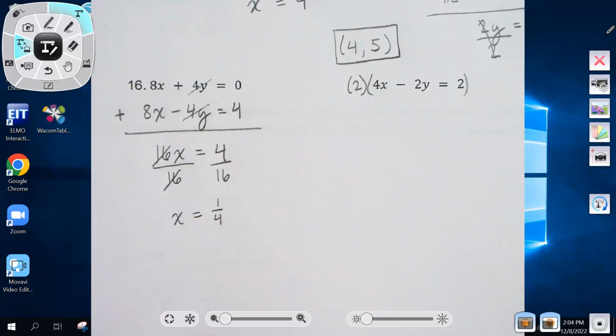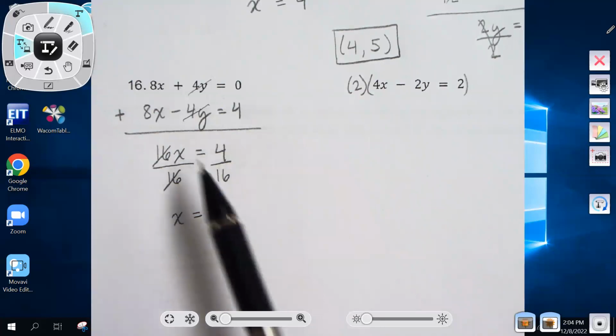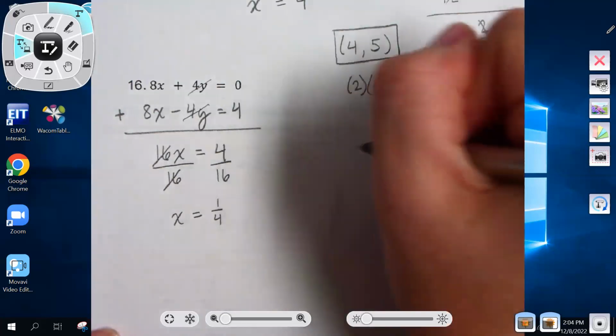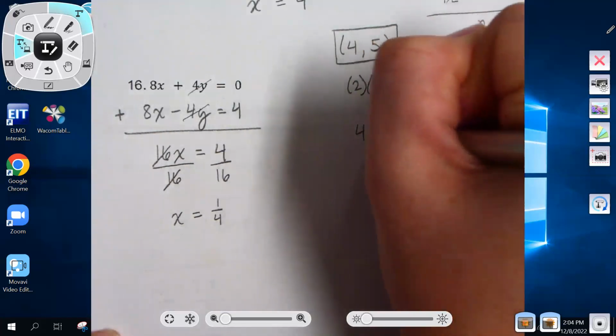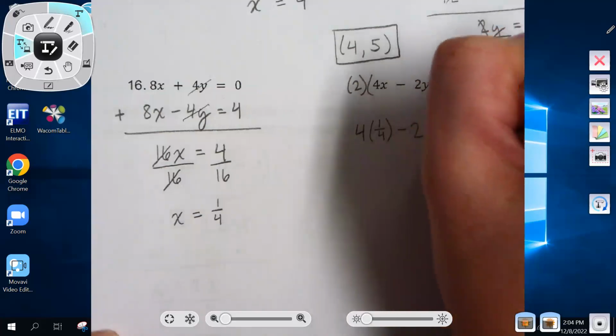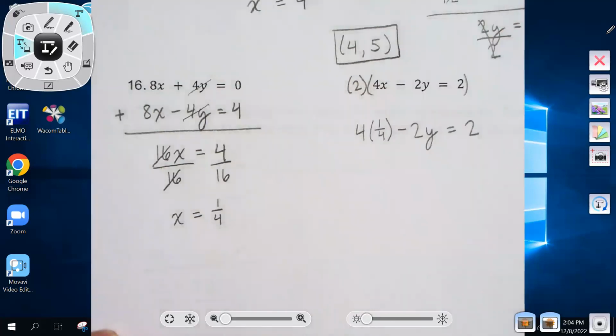Once we have our x value, you can go back to either one of the original equations, plug that in, and we can get our y. I'm just going to use the second equation here. So we got 4x, but we know x is 1/4, minus 2y equals 2.